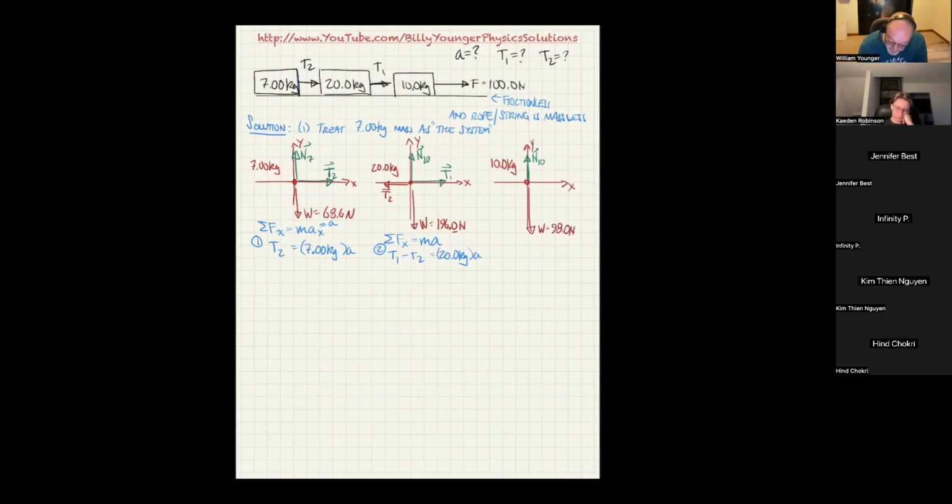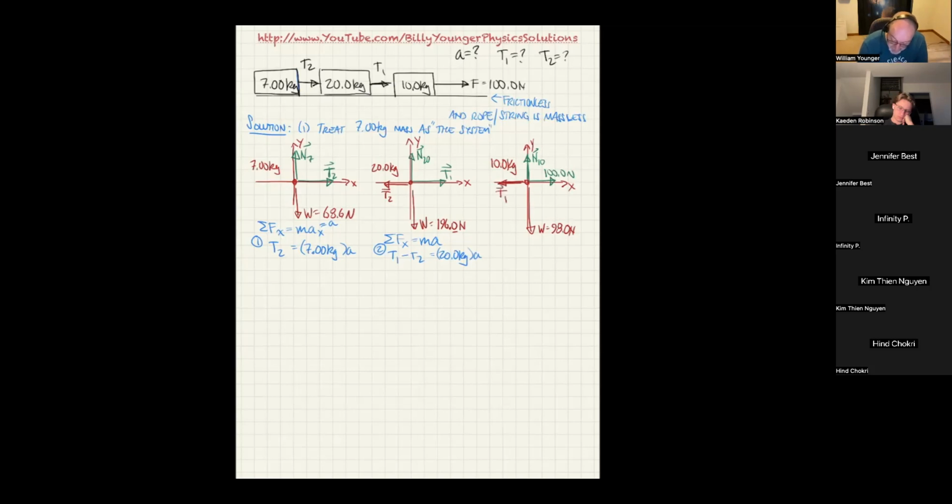I have a force on the right that's 100 newtons. And then I have a force on the left, which according to the 10 kilogram mass feels like that rope back there is tying me down. So lo and behold, I've got a negative pointing T1 here.